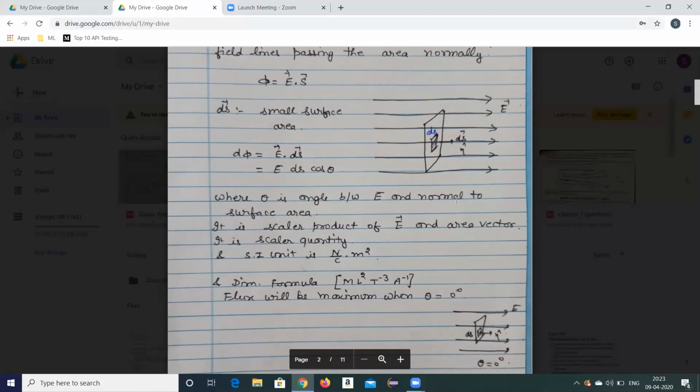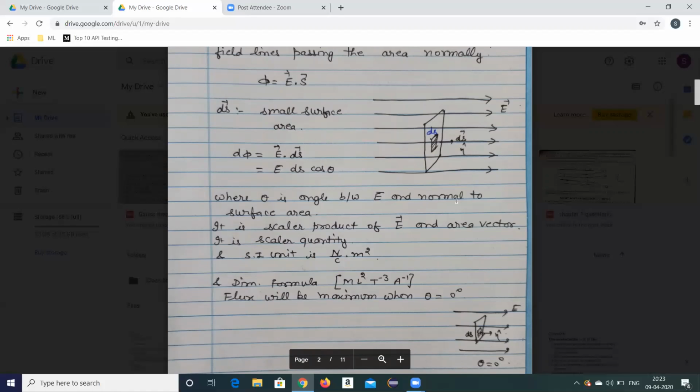Since the unit of E is F upon Q, which is Newton per coulomb, and meter square is the SI unit of area. Now we can calculate the dimensional formula: M L2 T raised to power minus 3 A raised to power minus 1.